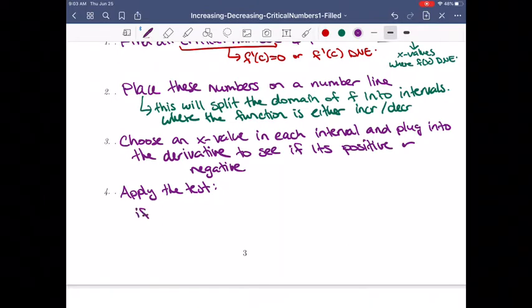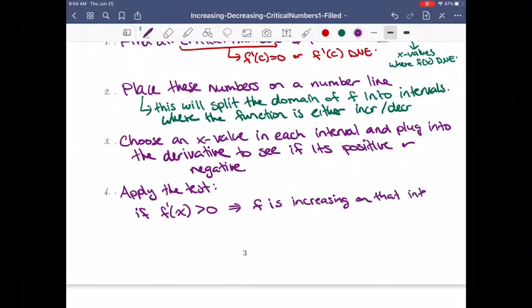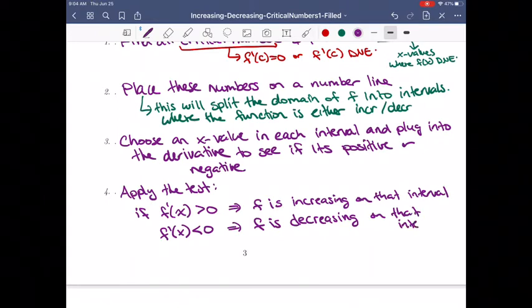If f prime of x is positive at the point you chose, that means that f is increasing on that interval. And if the point you plugged in is negative, then f is decreasing on that interval. So you just apply the test.